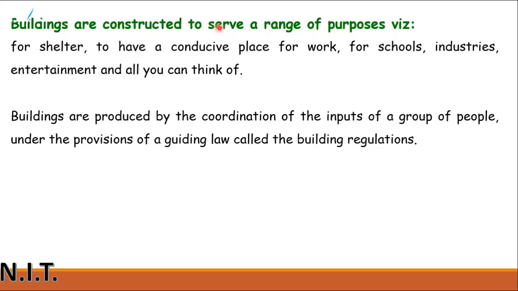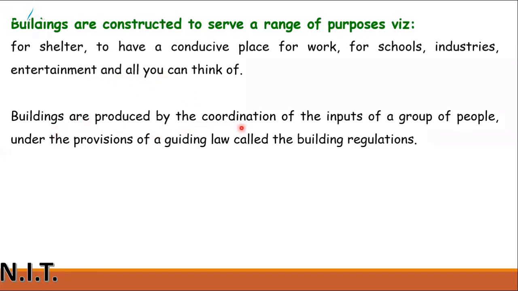Buildings are constructed to serve a range of purposes. For which purpose do we usually construct our buildings? For shelter, to have a conducive place for work. Shelter means like a car porch, etc. For schools, industries, and entertainment purposes, and all you can think of.